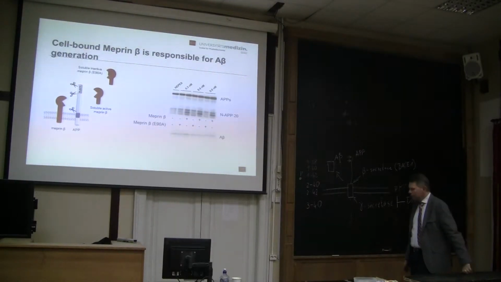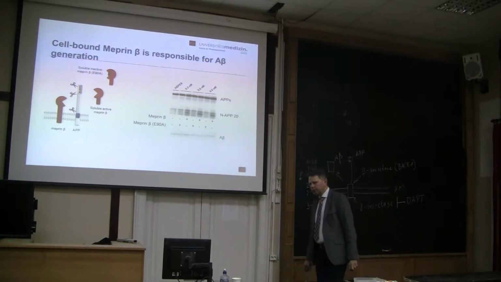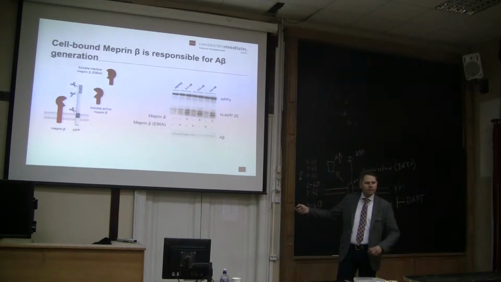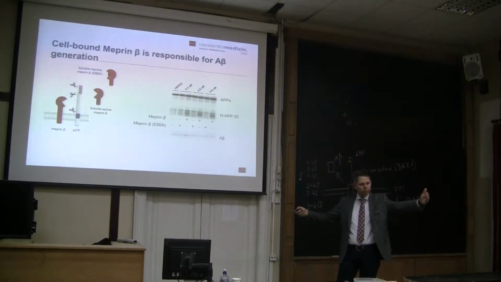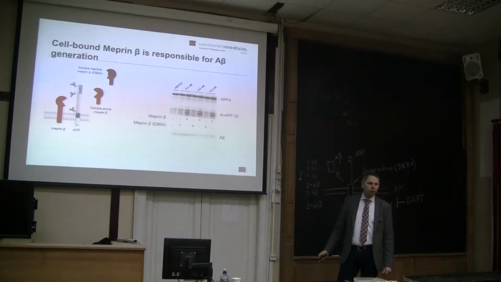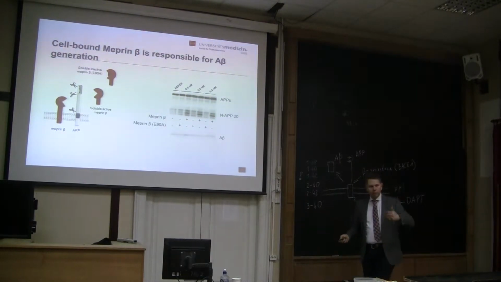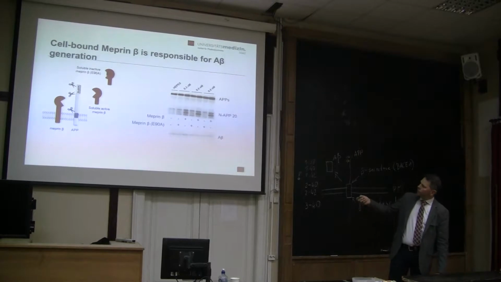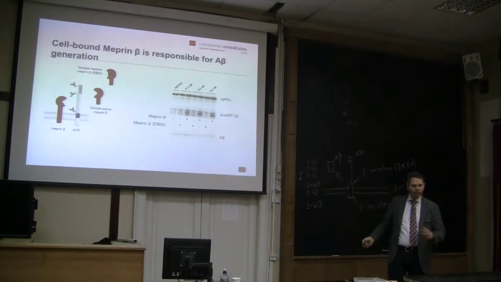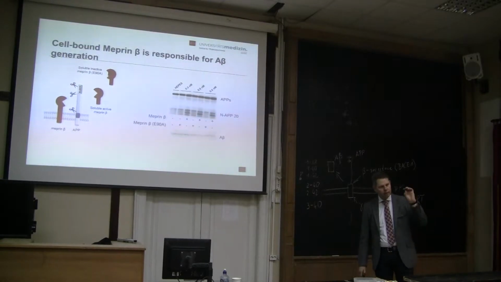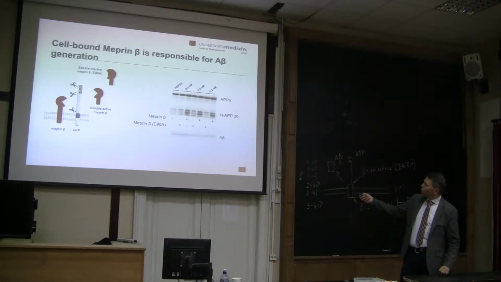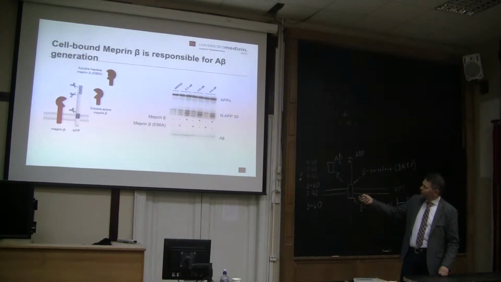Then we wanted to know what part of meprin is doing this. Meprin, as you see here, is a transmembrane enzyme, but it is released into fluids of the body and works as a soluble enzyme as well. So we added soluble enzyme to cells, and not only soluble, but soluble inactive enzyme as well, to see whether the soluble form is capable of generating the Aβ peptides.